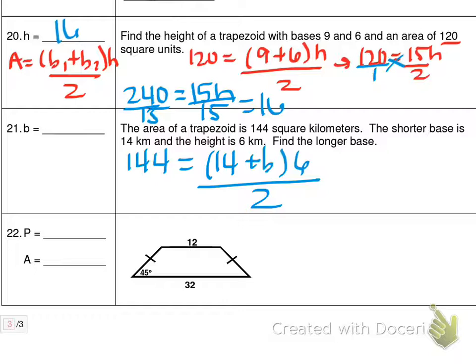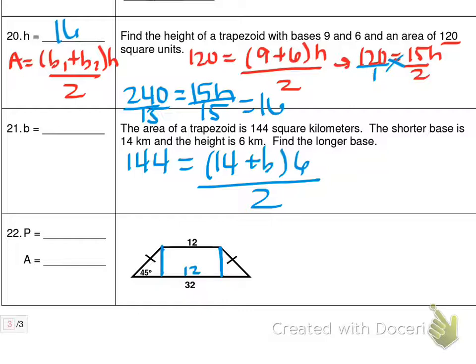Number 22. It's a little bit difficult, but we'll see how we do it. 12. We're kind of gonna separate this. Those two lines mean that the two sides right there are the same. So if I cut this right here, I know that that's 12, then this is also 12 right here.